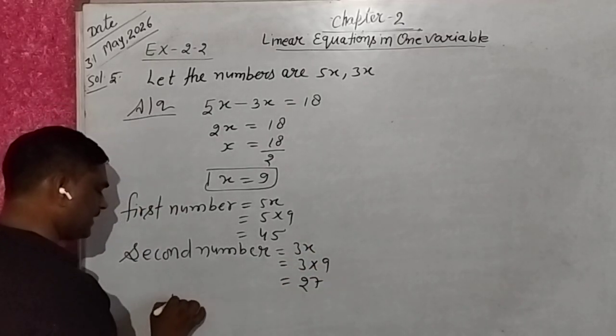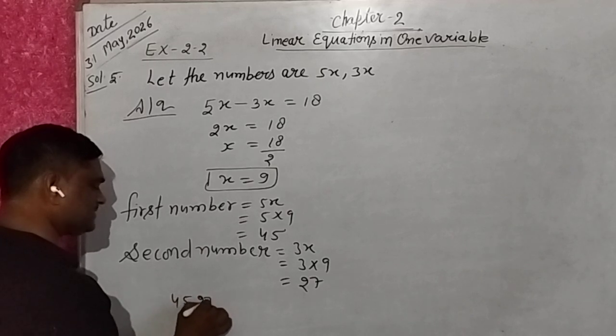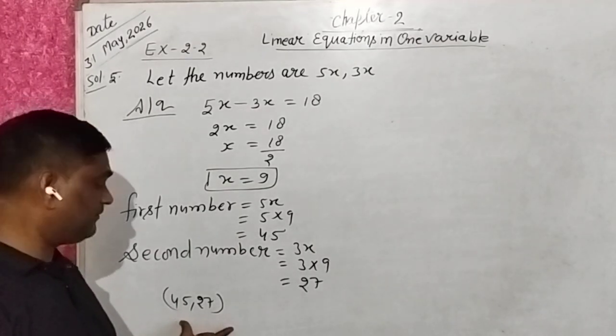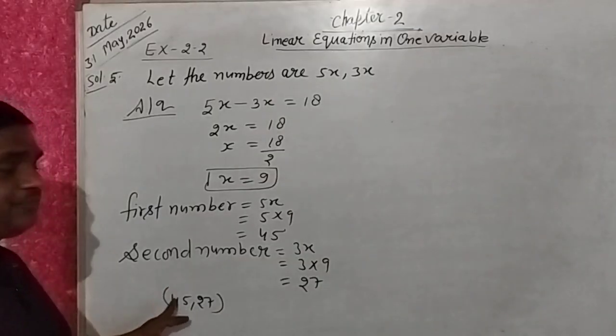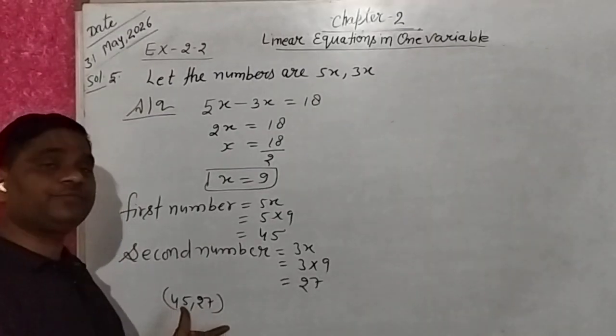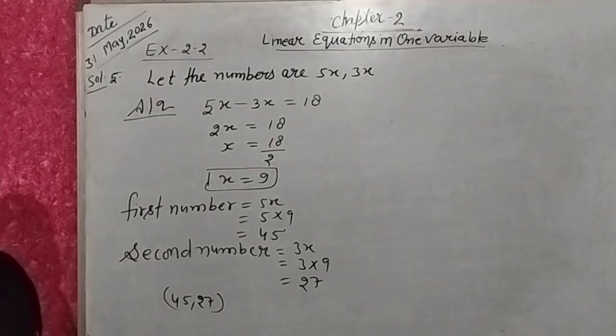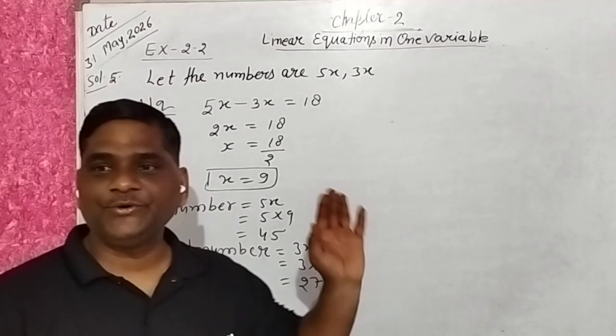So you write here 45 and 27, both numbers. The difference between the two numbers, 45 minus 27, is equal to 18. Do you understand? Yes. You write it.